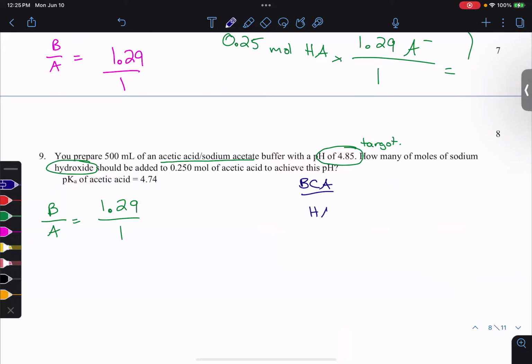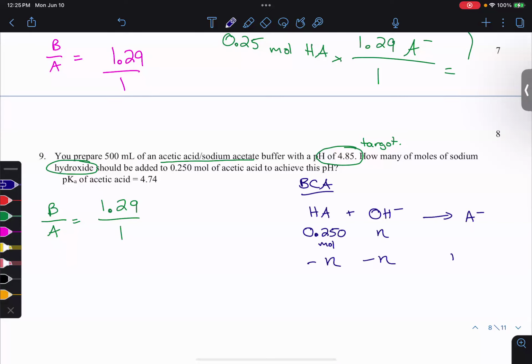So if you start with your acid and you add hydroxide, that's how you make your conjugate base. So if this were a different pH buffer calculation, you would have said, oh, okay, you start with 0.250 moles of acid. You're going to add some random amount of base.